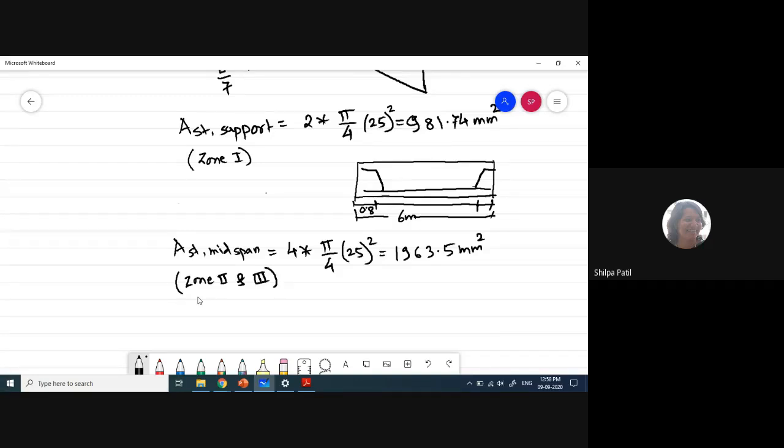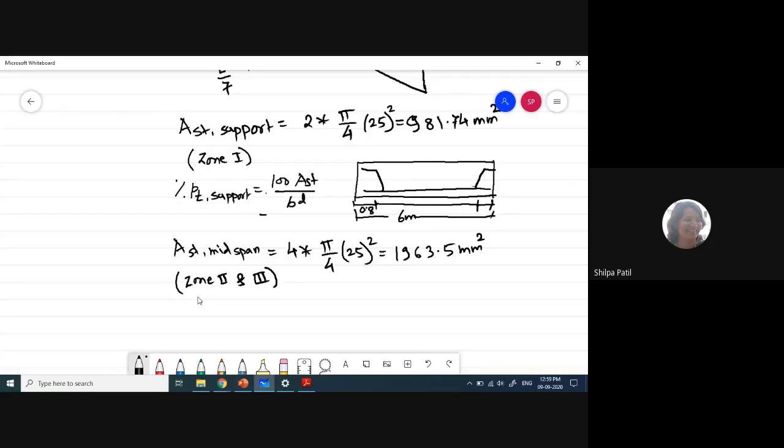Now as the AST is changing, your percentage steel will also change. So just quickly I will write down here the percentage steel for support. It will be 100 into AST upon BD.